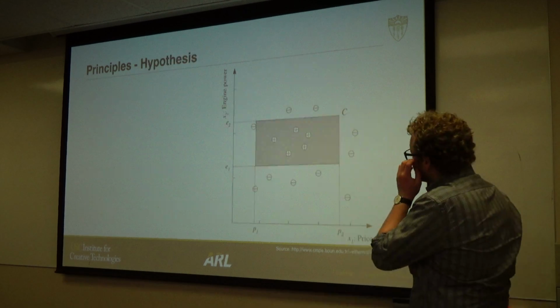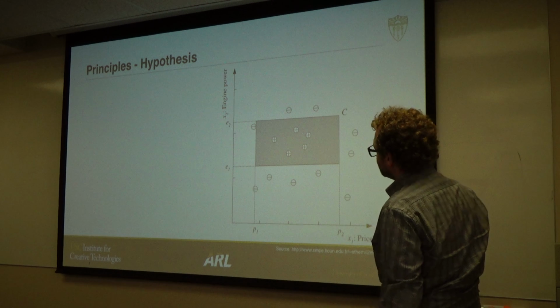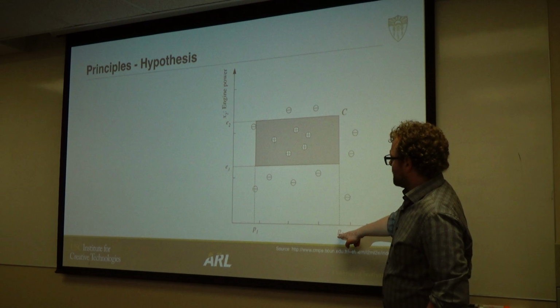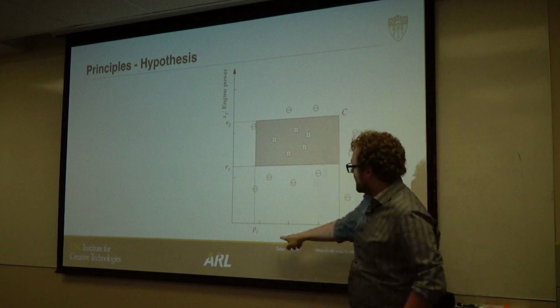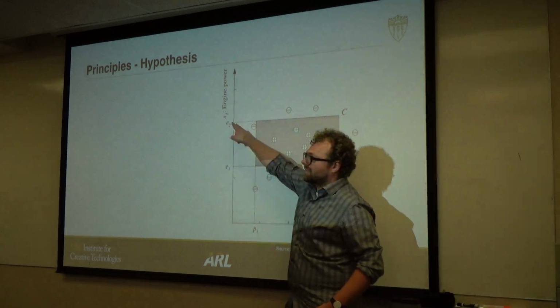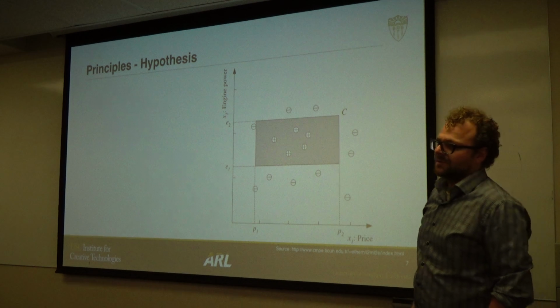So, as I mentioned, this is an example hypothesis. Okay? And it's defined by these two thresholds here for price and these two thresholds here for engine power. Okay?